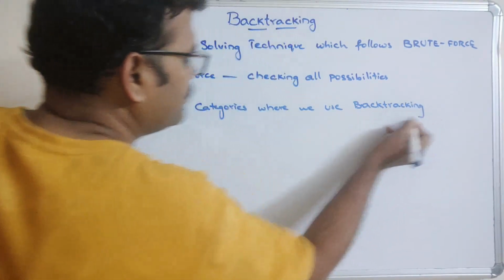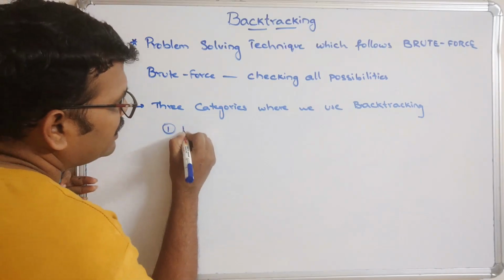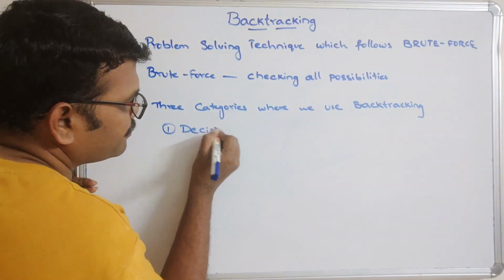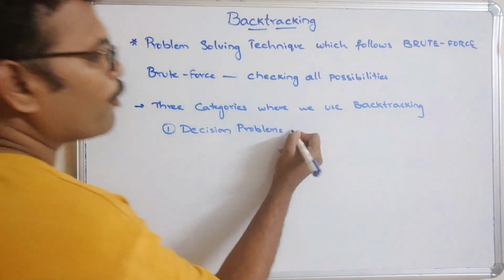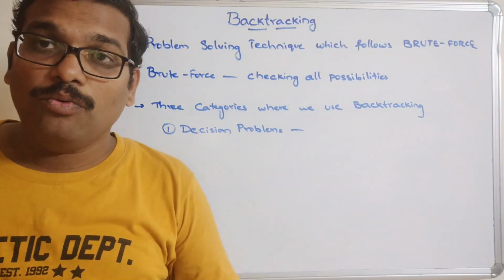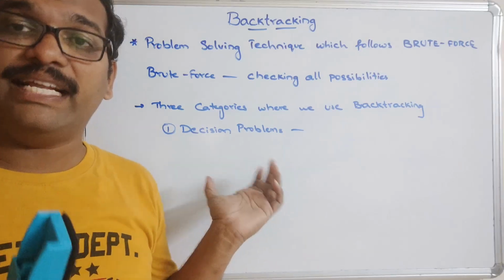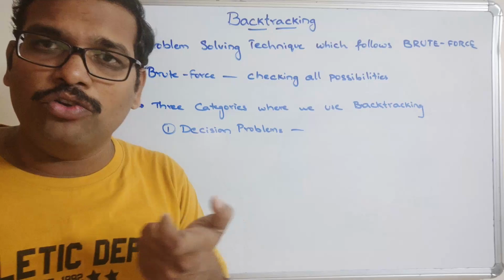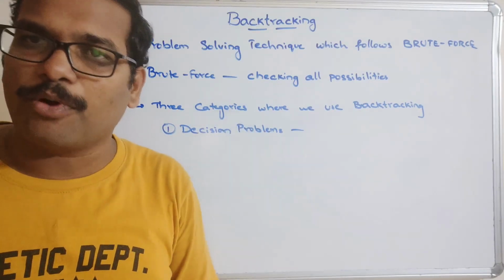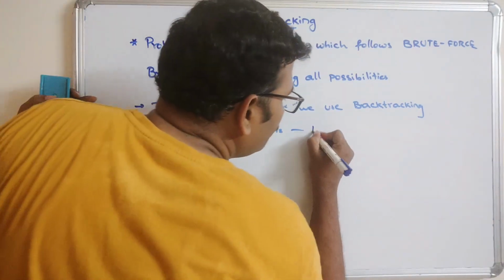The first one is decision problems. These are the problems which work with the help of decisions. A feasible solution can be considered as a decision problem.